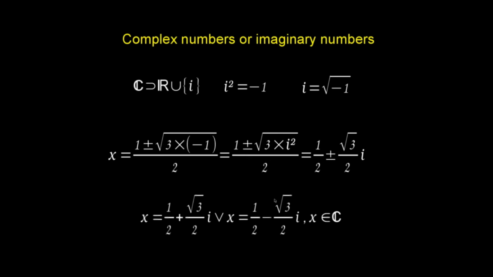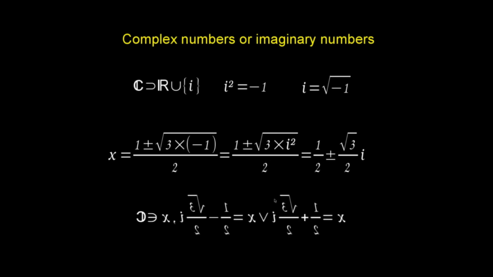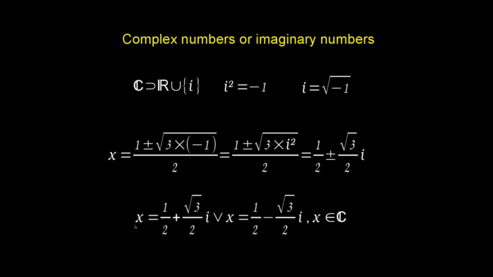Which means that we now have a solution, but it is a complex solution: x equal to 1 divided by 2 plus square root of 3 divided by 2 i, or x equal to 1 divided by 2 minus square root of 3 divided by 2 i. So this is the solution of our equation, but with x belonging to the set C. x is a complex number.